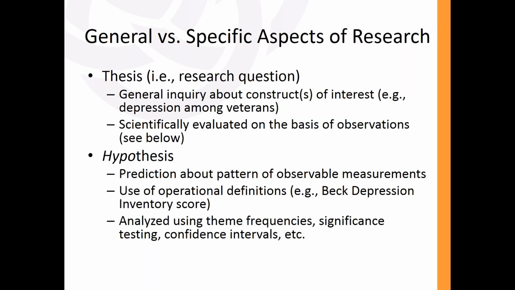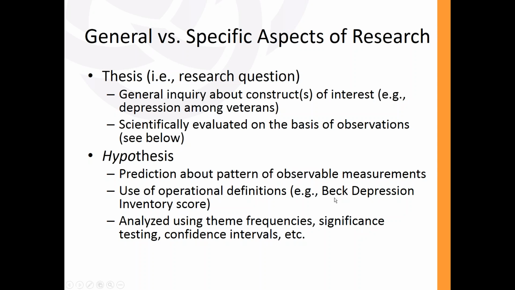So this is where the hypothesis comes in. It's a prediction about the pattern of observable measurements that you expect to see. Or not see, but observe, literally, is the term that we use. So again, here we're using operational definitions. So for example, in the research question, you're talking about depression, right?